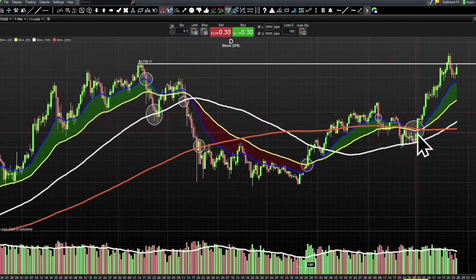But when you see that a knot has been built by the MAs, you will look at the direction of the fast MA. If that fast MA goes up, that is a very, very strong signal, because it is coming out from a knot.